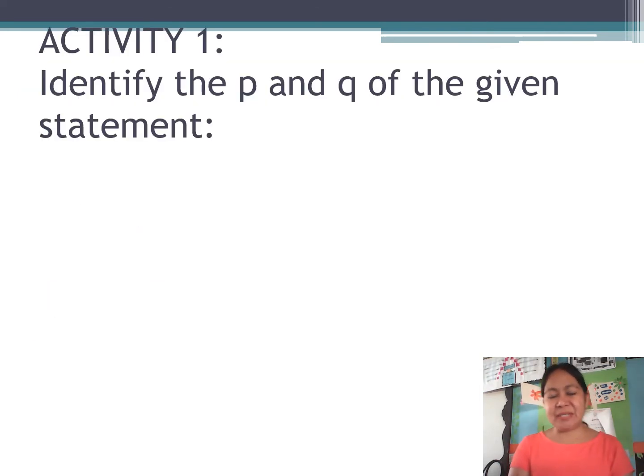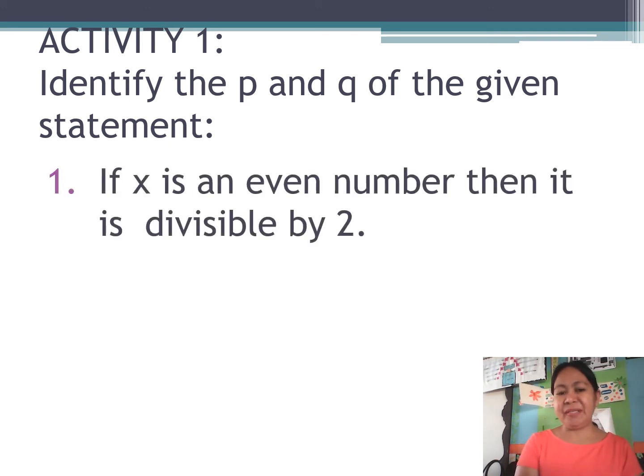Okay, now let's check if you learned from our discussion. Let's have an activity. Let's identify the P and Q of the given statements. Number one: if x is an even number, then it is divisible by 2. What is the if clause or P, and what is the then clause or Q?